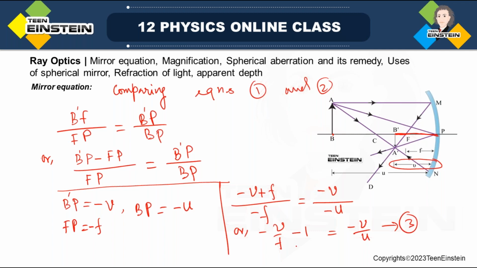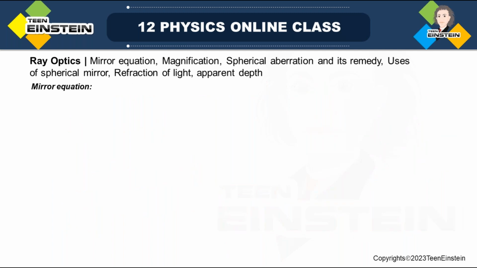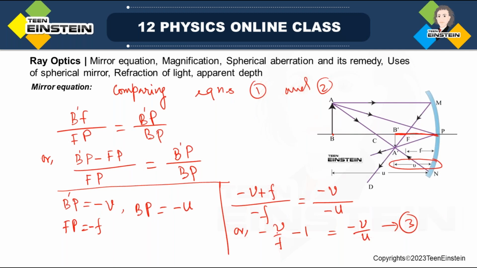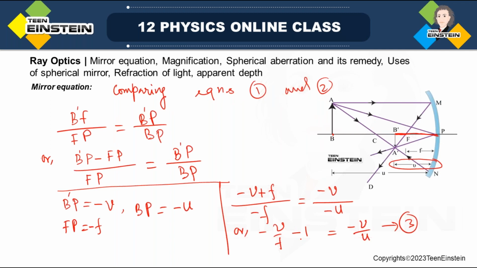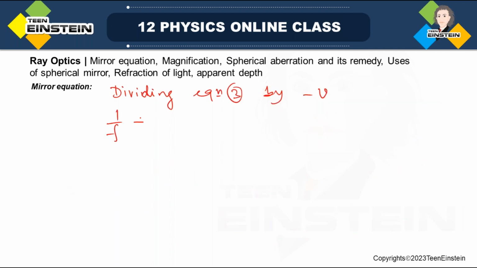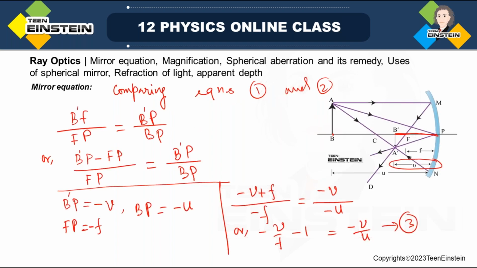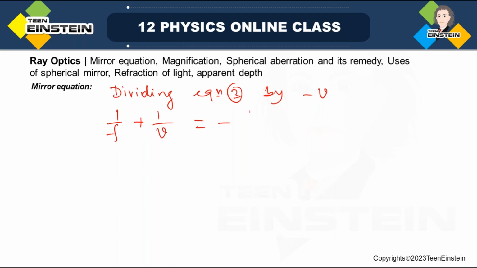Now I'm dividing equation 3 by minus V. Look what we get. Minus V strikes out with a plus sign, so it will be 1 by F. There was minus 1 here; dividing by minus V, it will be plus 1 by V. And on the right hand side I get minus 1 by U.